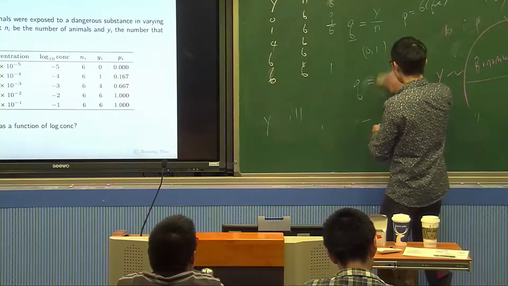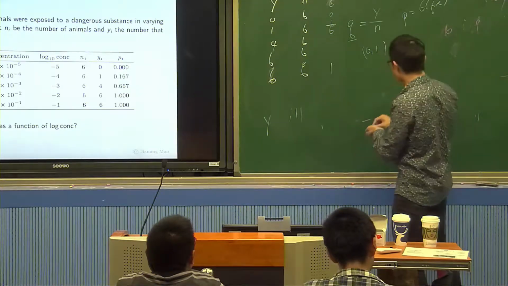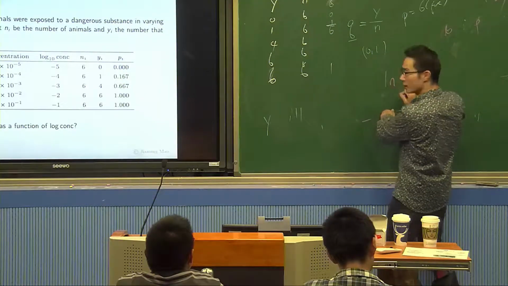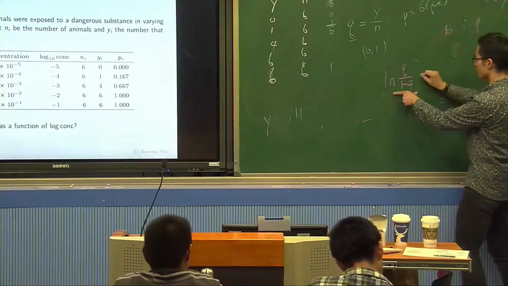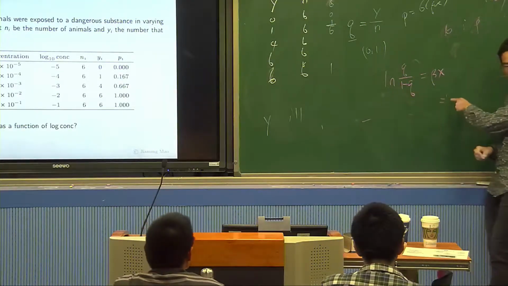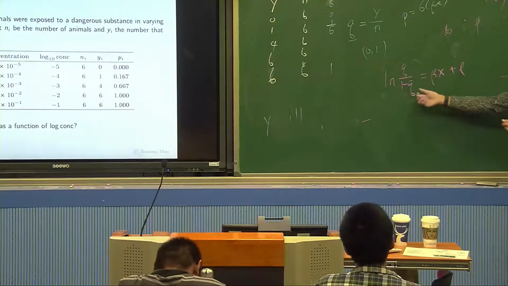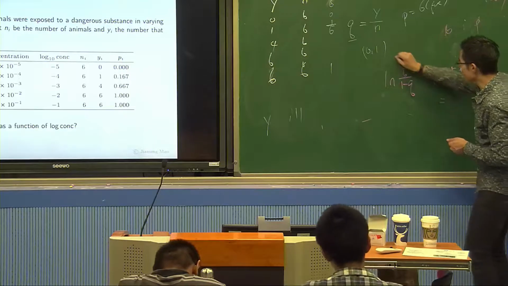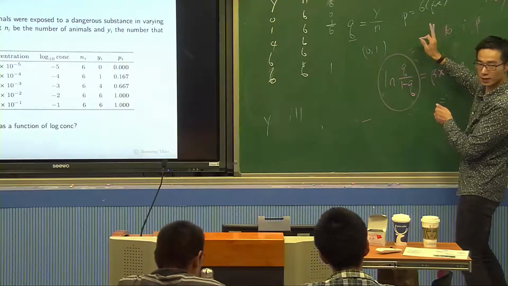Specifically, I'm going to write it this way. Remember, there's another way to write the sigmoid, which is log of q over 1 minus q equal to beta x. I can do this, right? Maybe plus e. Essentially, I'm going to let this thing be my y variable. I'm going to call it z.